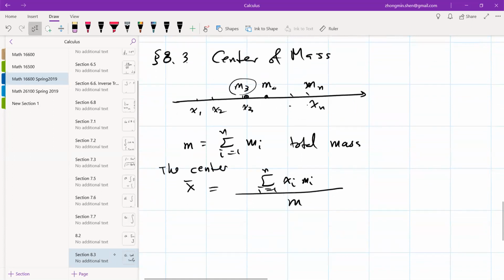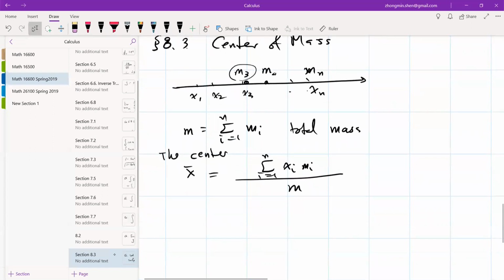This is a one-dimensional case. If you are given the density function, how do you find the center of mass? Then we use a continuous function.